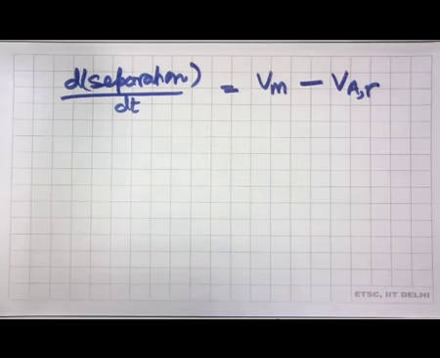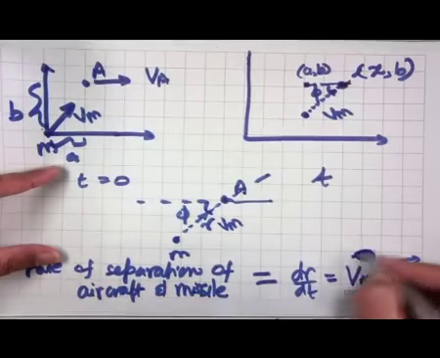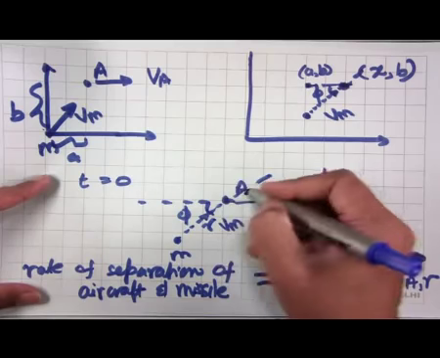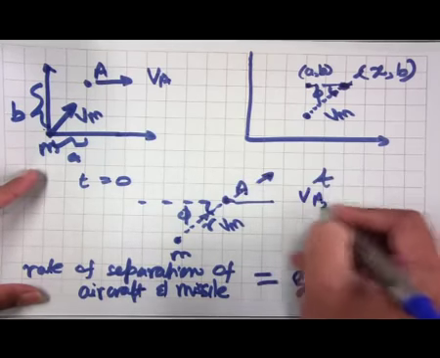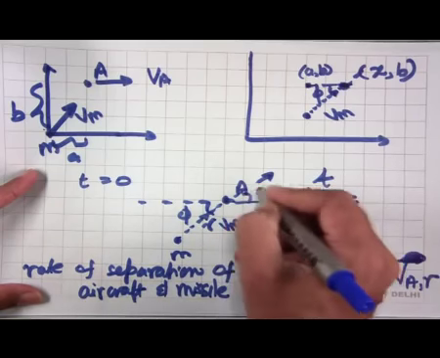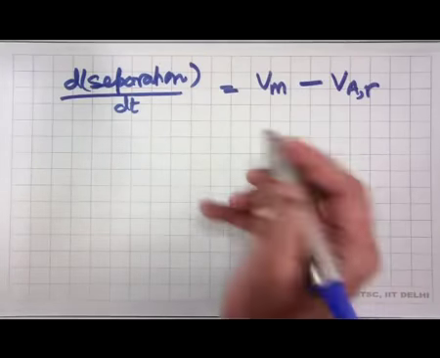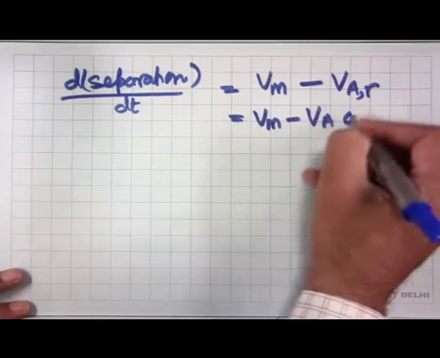And from what we also see from the figure here, and in fact, here I should not have put the vector sign, so I am cutting them now. If we look at this figure, we find the velocity of the aircraft in the r direction, this angle is also phi. So, this will be equal to Va cos phi. So, the rate of change of separation becomes equal to Vm minus Va cos phi.